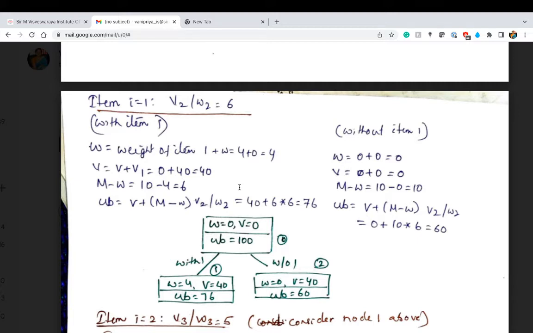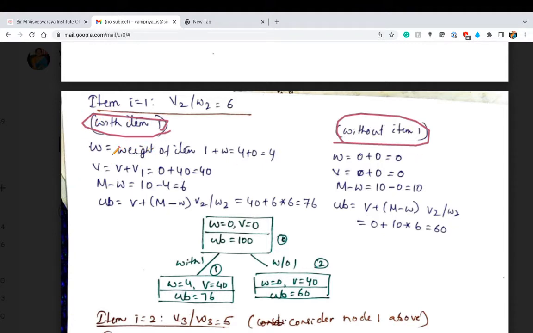So we are starting with the first item. What will be the upper bound after considering the first item? We'll make two parts here: one with item 1 and one without item 1. This will come left, this will come to the right.